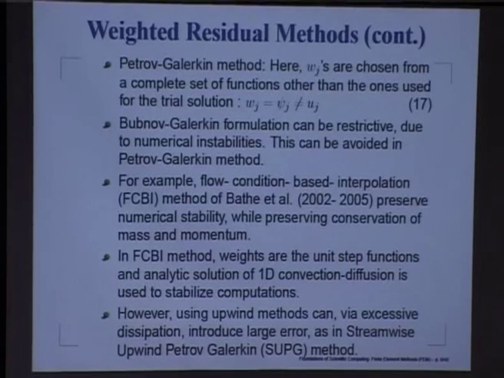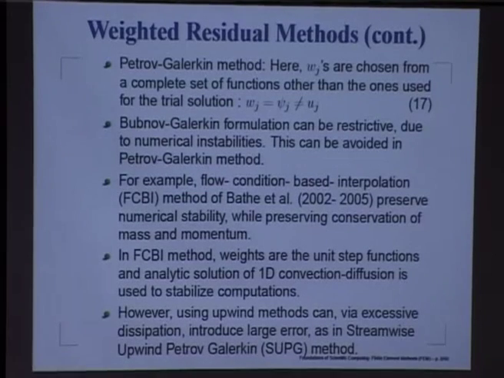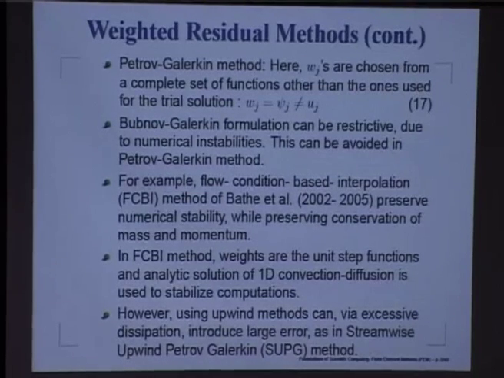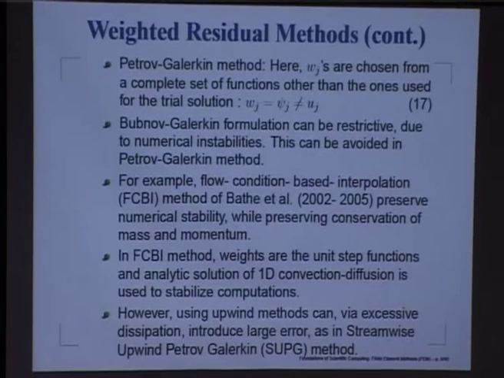So that's what equation 17 says, that Wj is not necessarily Uj. That could be psi of j, and the psi of j could be a complete set of functions, right?